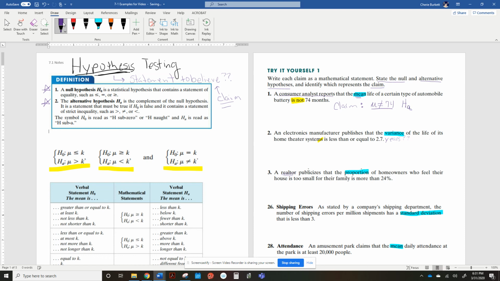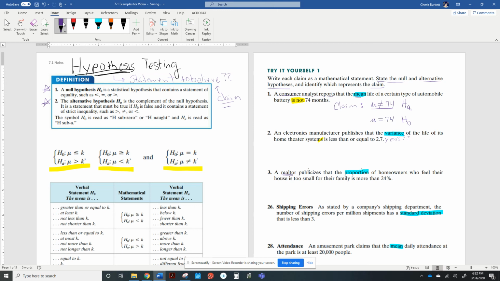Now, to write the null hypothesis, because every one of these statements is going to have both an alternative and a null, we simply take the opposite of this. So if the claim is that the battery mean is not 74 months, then what's the opposite of the mean not being 74 months? Well, the opposite of that is the mean is 74.